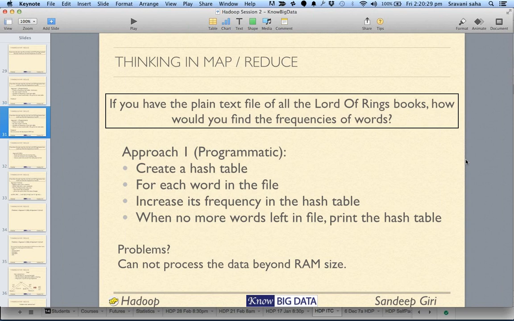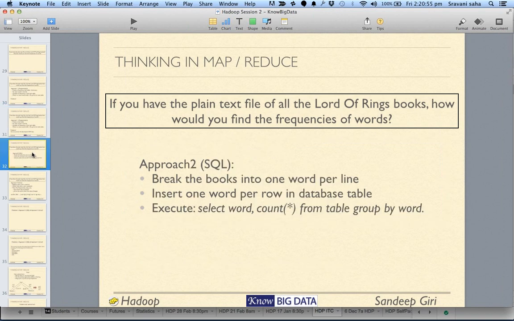Maybe first, let's say that you have 10 files, and so you compute the frequency of each of these 10 files separately, and then you try to merge it one way or another. Okay, that's another solution. We will keep a note of this one also.